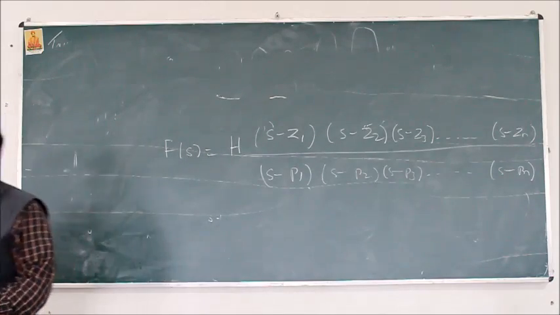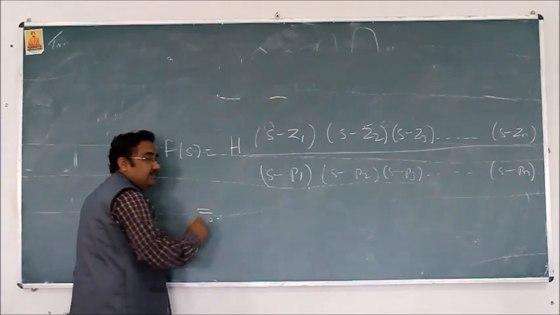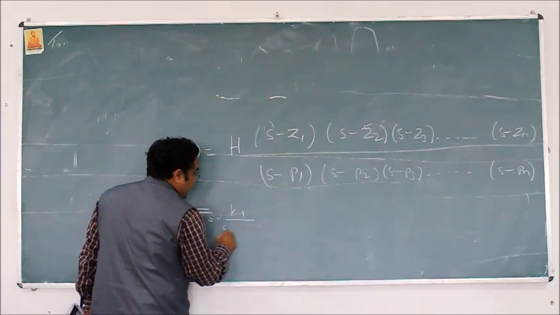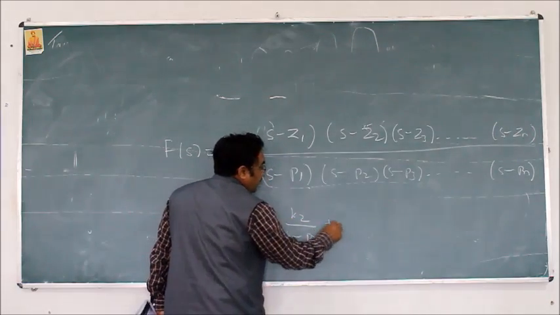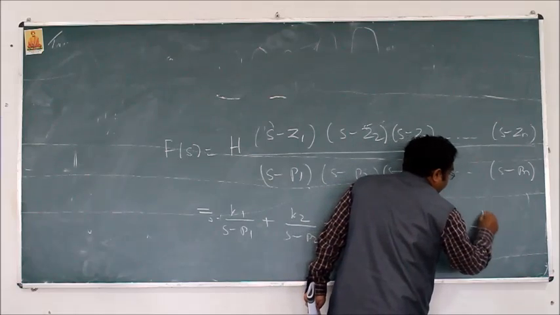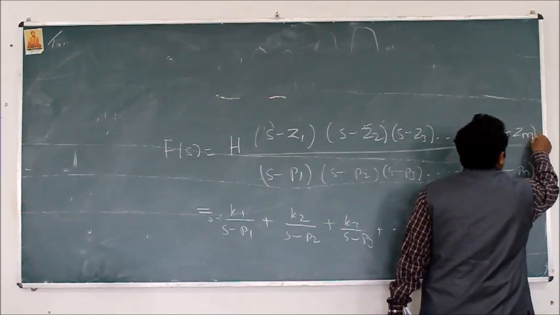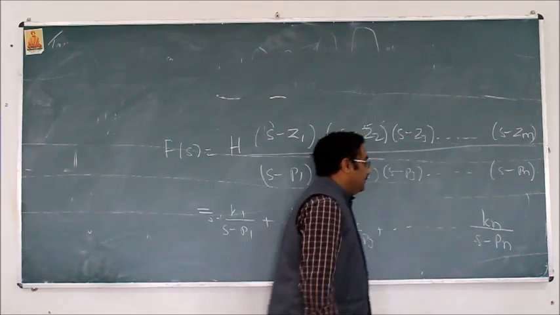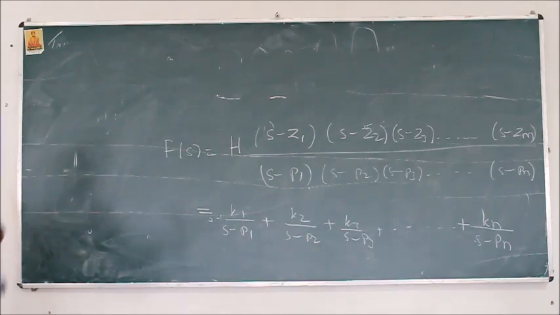Do you agree? So when I partially fractionalize it, what will I get? K1 upon (S minus P1) plus K2 upon (S minus P2) plus K3 upon (S minus P3) plus up to Kn upon (S minus Pn). Do you agree?